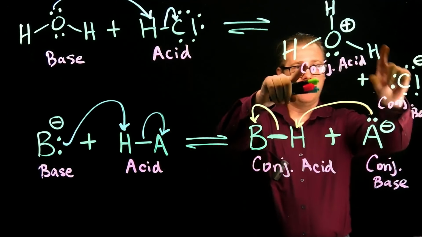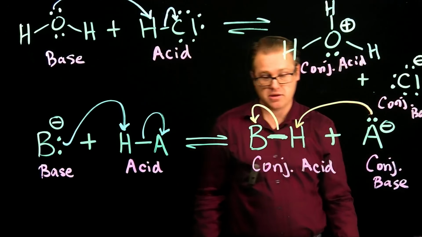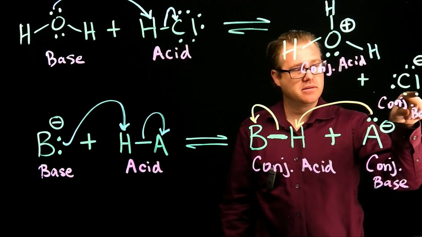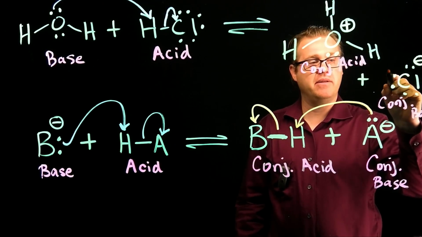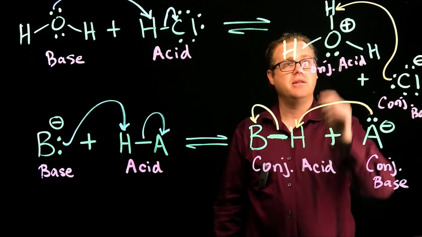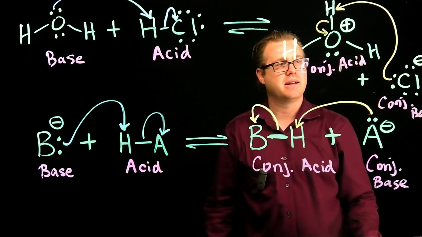Now, could we take this side of the equation and go in the opposite direction? You bet we can. We need to find the base, which in this case is the conjugate base. We grab one of its lone pairs, grab a proton, and take the hydrogen-oxygen bond and put the electrons back.